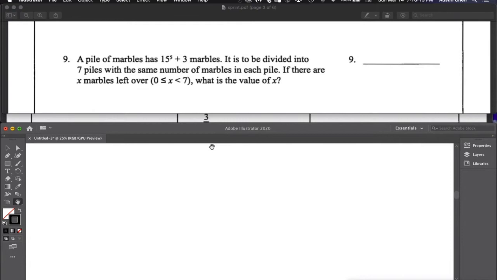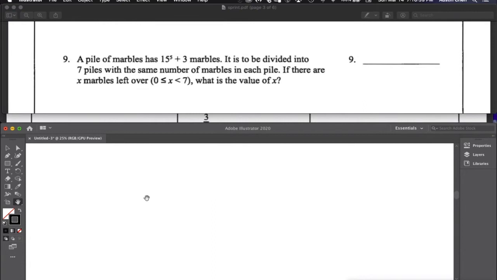Then we want to know how many marbles are left over if we keep taking them 7 at a time. If you keep taking a number out of a number and want to know the remainder, there's a special function for that, called modulus.